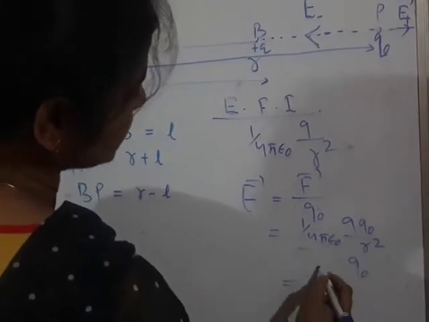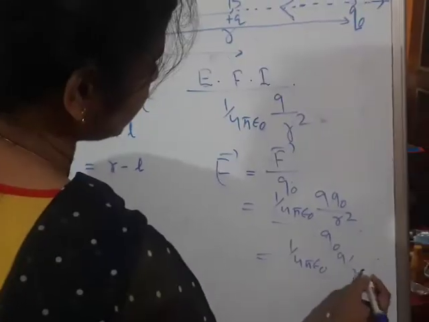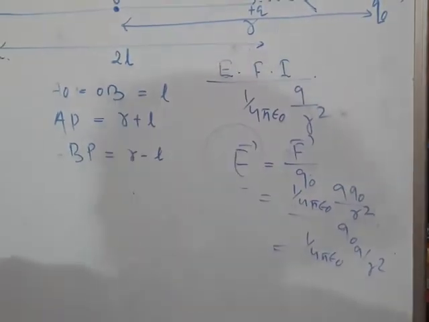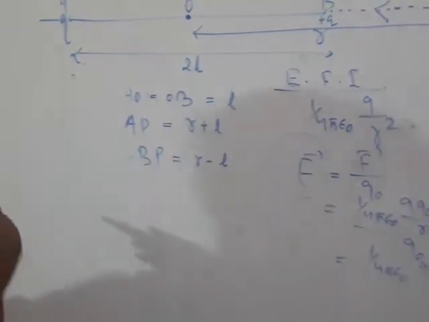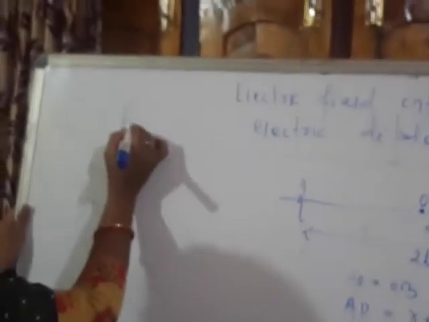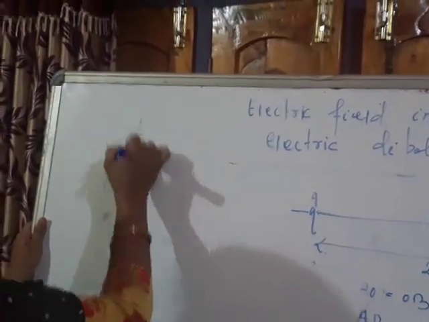So due to a point charge we get 1 by 4 pi epsilon naught, q by r square. This is the expression for electric field intensity due to a point charge. So for the minus q charge, what is the magnitude of this electric field intensity? E minus, we are just calculating the magnitude.